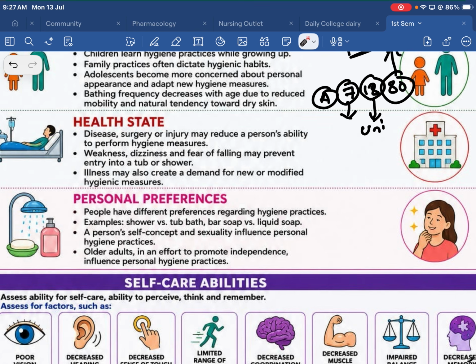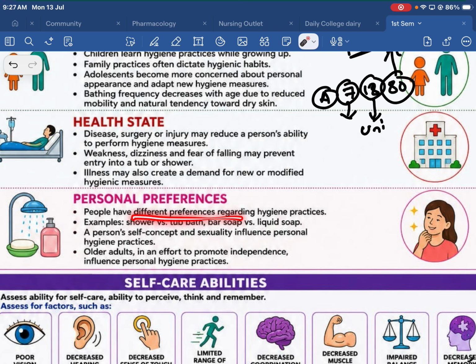Someone has a tub bath, someone will have a bar soap bath; they have personal preferences. Some people will have liquid soap, you know about the liquid soap, isn't it? So their preference is different, and that will also affect the health, right?